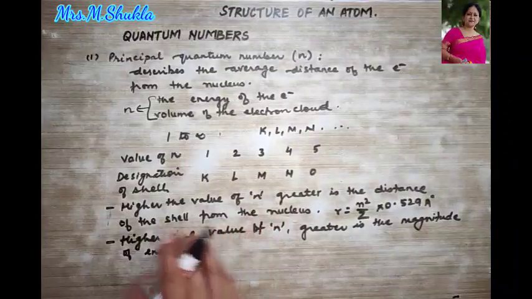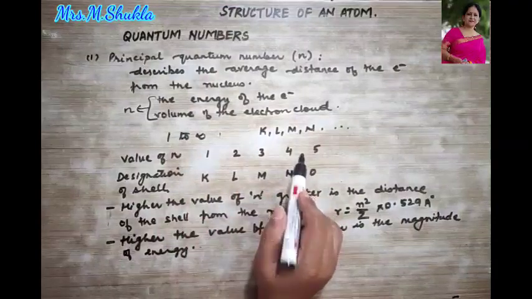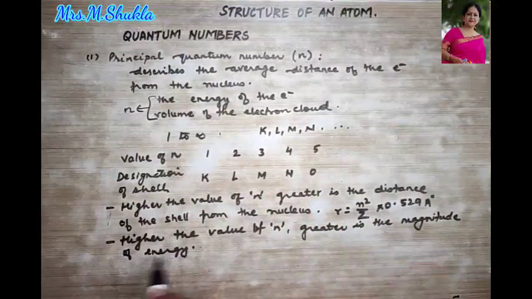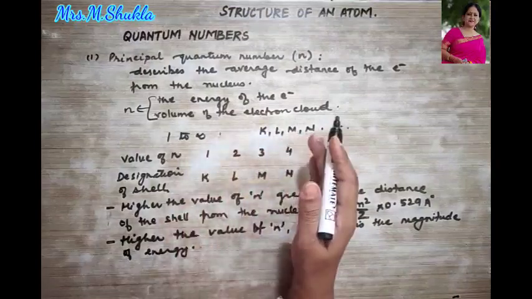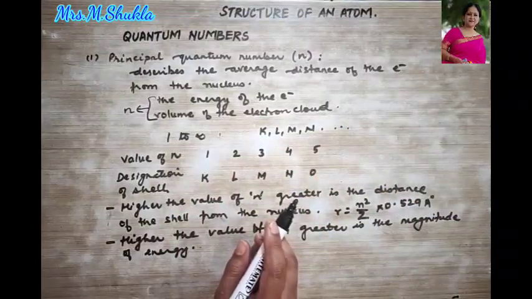The greater the energy level, the greater the value of N, what will happen? Greater will be the magnitude of energy. The farther away, the more energy is present in that particular shell.